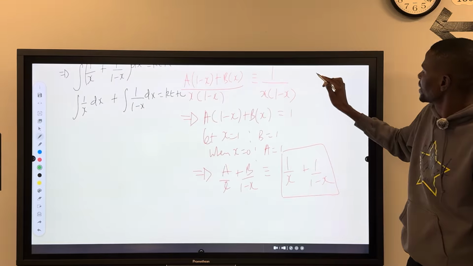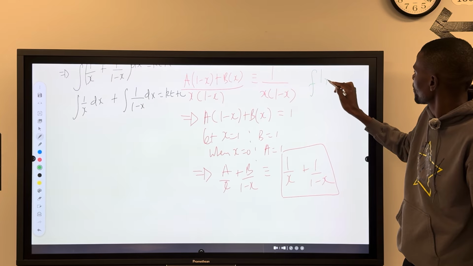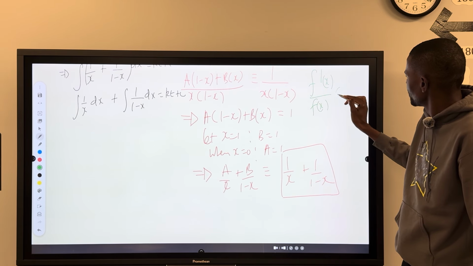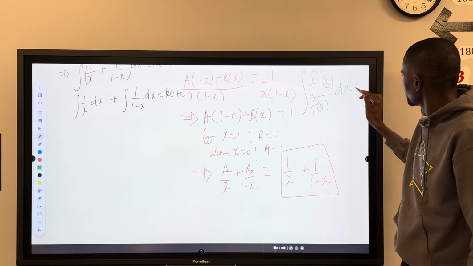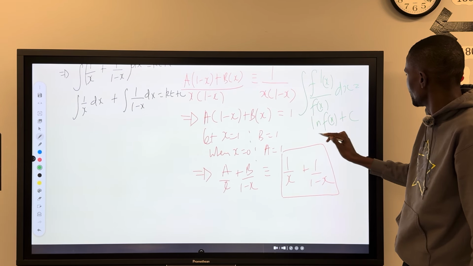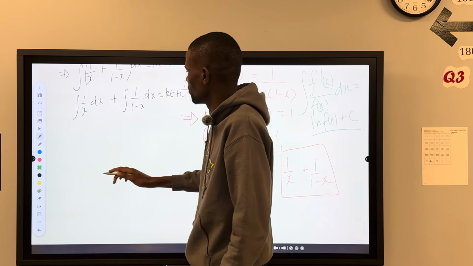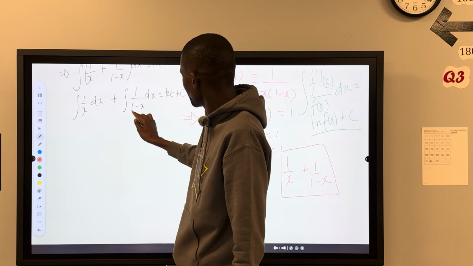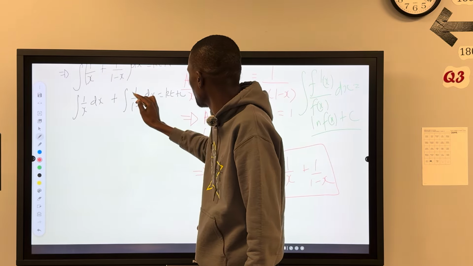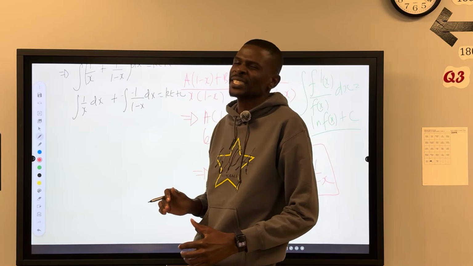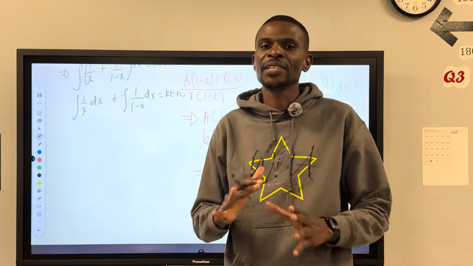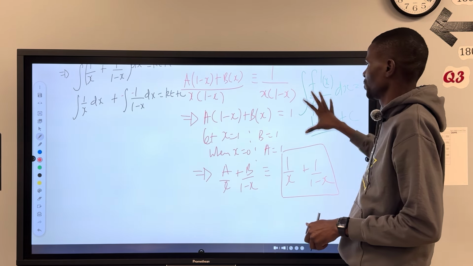When we are integrating here, we are trying to use this concept: if we integrate a function of the form f'(x)/f(x), that is, the first derivative over the function with respect to x, we should get the natural log of f(x) plus c. So this is what we are trying to have here. If we differentiate 1 - x, we get -1, hence I'll put a negative and a negative outside. I did not change much; I just manipulated the expression so that it conforms to this structure.